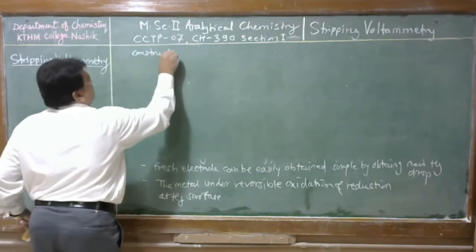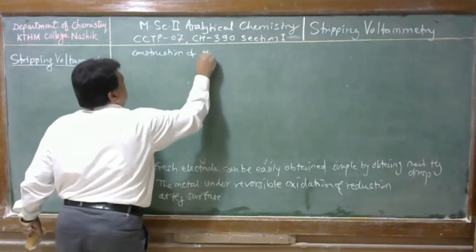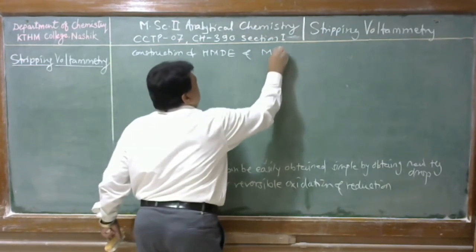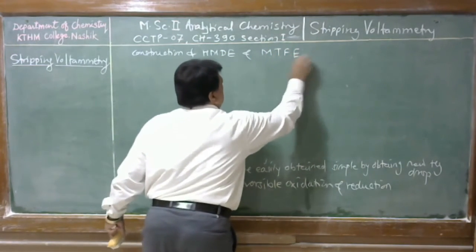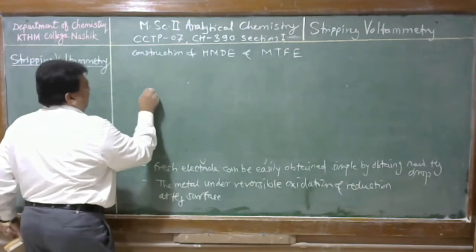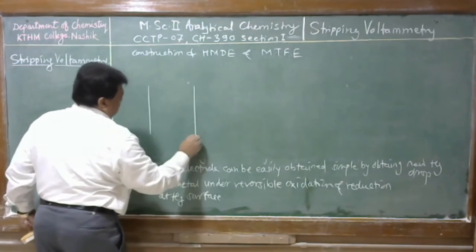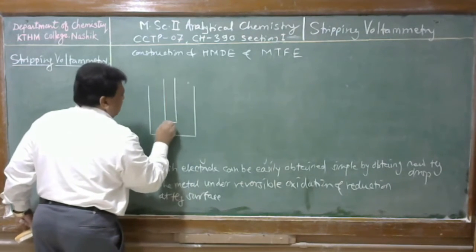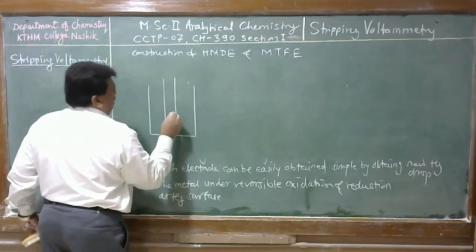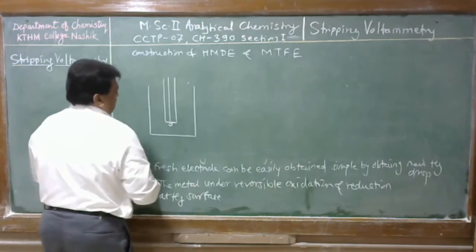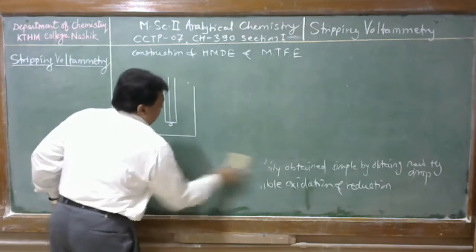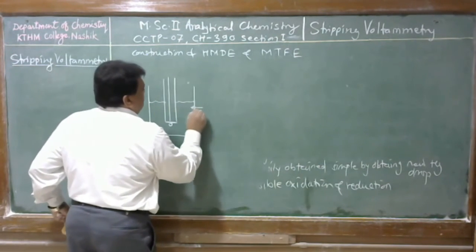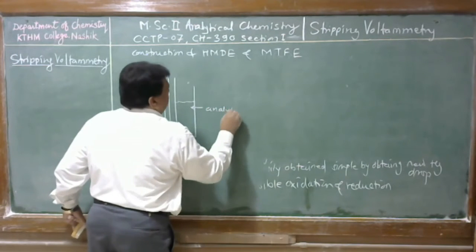Now we discuss the construction of hanging mercury drop electrode and mercury thin film electrode. The hanging mercury drop electrode is constructed simply by generating a drop of mercury on the tip of the capillary, which is hanged into the analyte solution. This is the analyte solution.